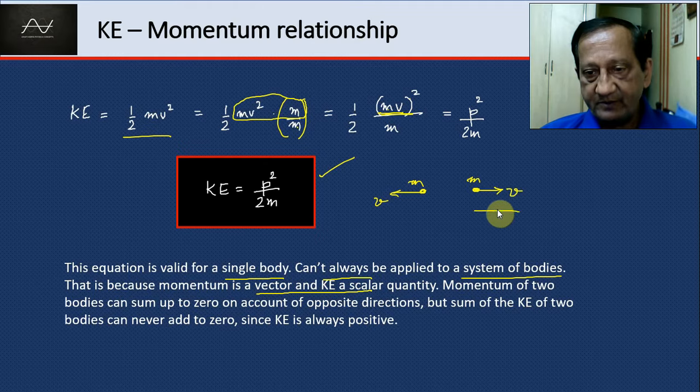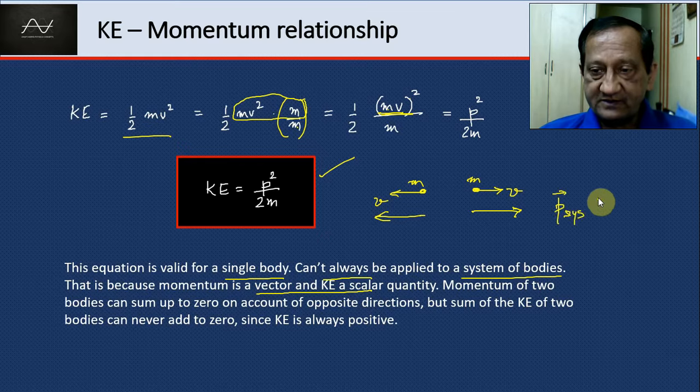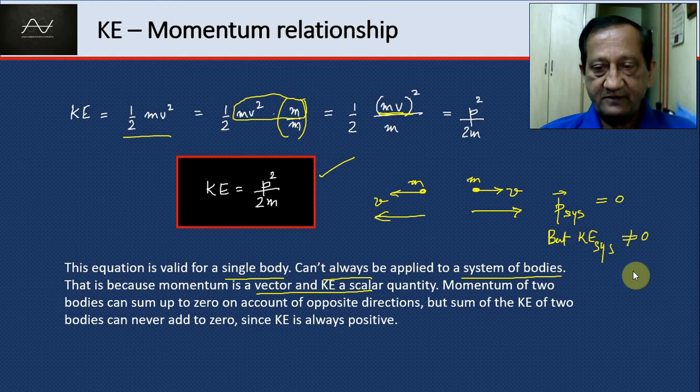The momentum of this guy is like this, the momentum of this guy is like this. These are vectors. And when you add these two vectors, the result is zero. That means the momentum vector of the system of these two masses is zero, but the kinetic energy of the system of masses is not zero. Half mv square here, half mv square here. They can't cancel.